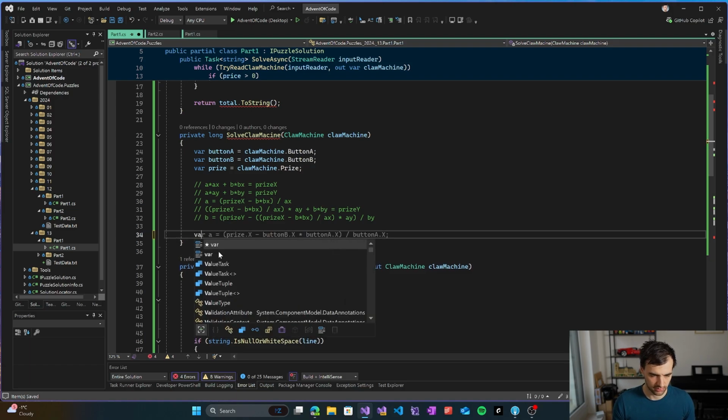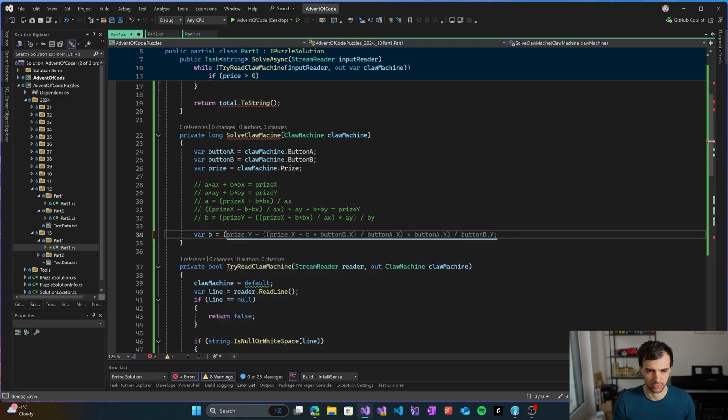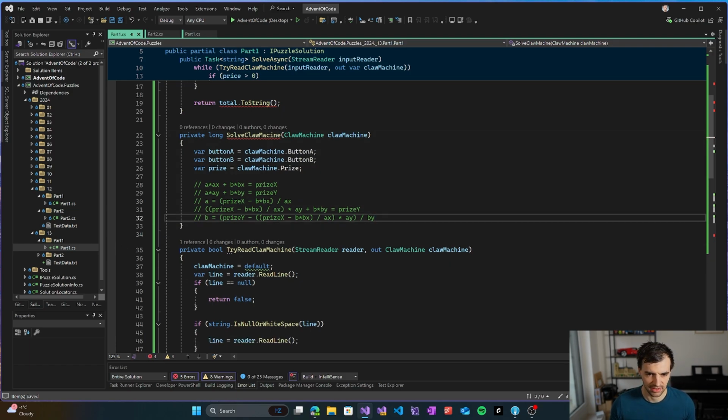So what we do is P equals price Y minus, it's actually Copilot will fill that for me here. So, oh, what did I do here? That's wrong. Right, I have to put this on the left side as well.